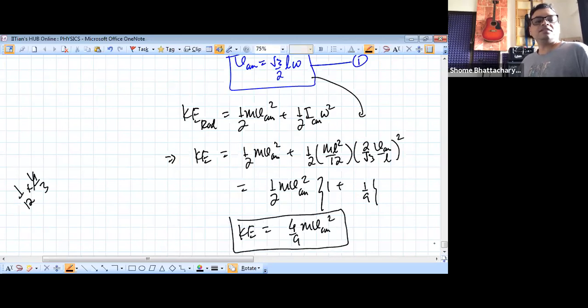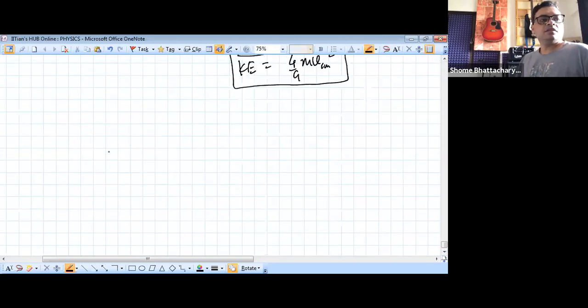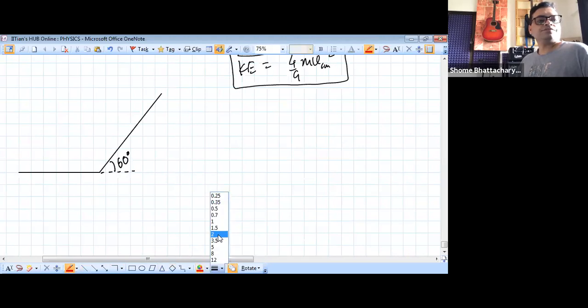Now this kinetic energy is coming as a result of loss of potential energy. Your rod is going from an initial state where it was, let's say, like this, to a state where it is like this.